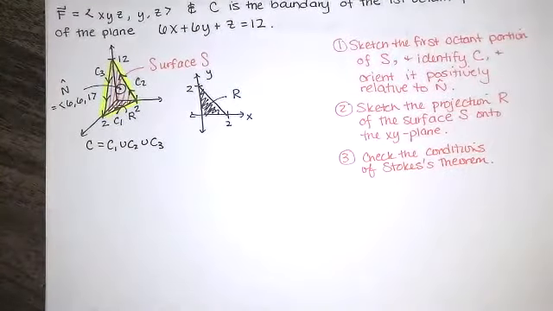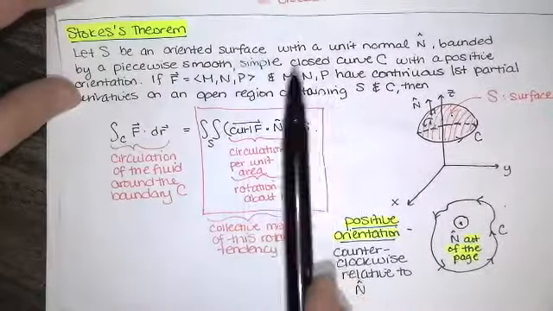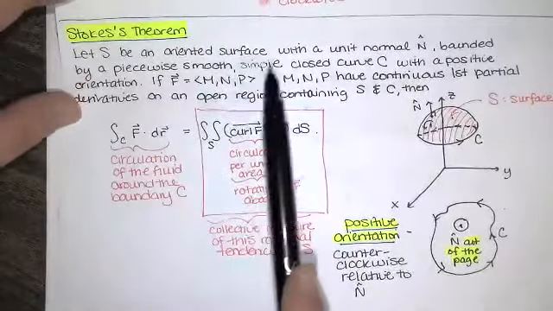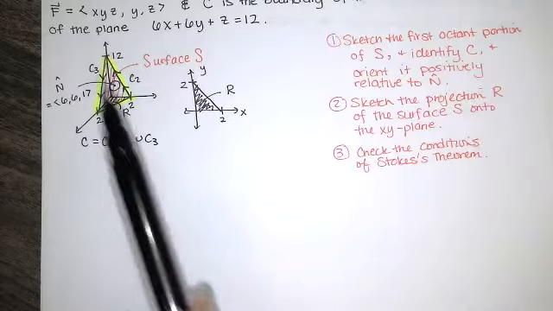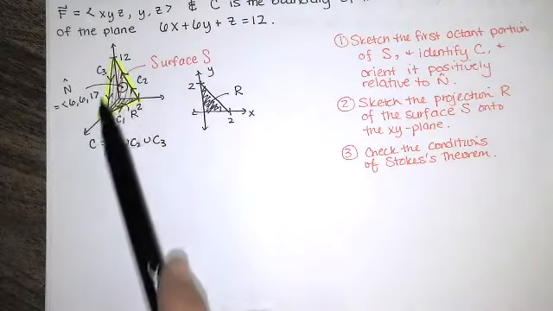Okay, so the conditions of Stokes' theorem, let's get Stokes' theorem back out over here. So we have to have an oriented surface S, we do, with a unit normal n, bounded by a piecewise smooth, simple closed curve C. Definitely piecewise smooth, it's simple, it's closed, with a positive orientation. Yes, we made that counterclockwise relative to n.